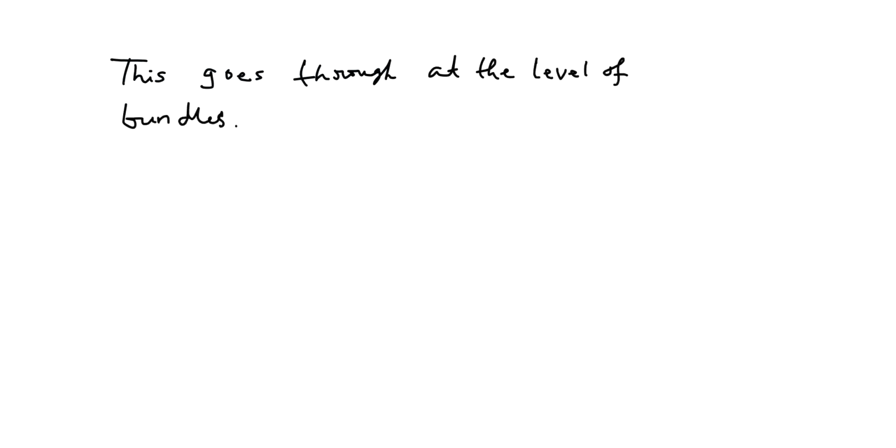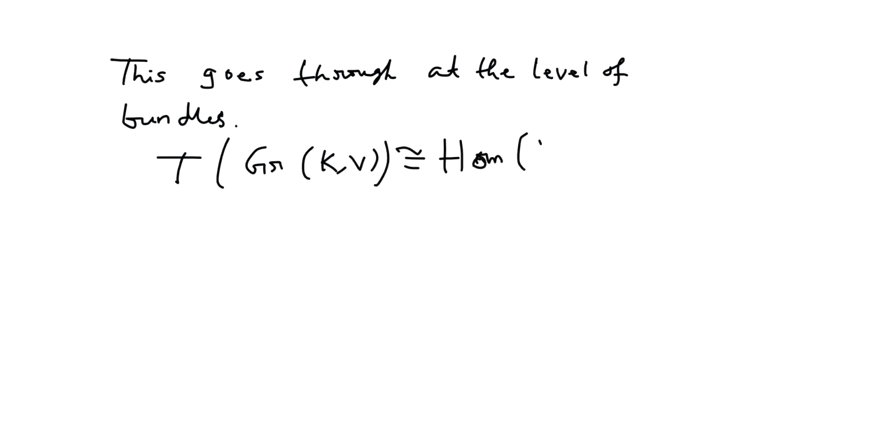So you can write that the tangent bundle of Gr_k(V) is nothing but the Hom space between two bundles, hom(W, V mod W). Initially, do not get confused with the notation, because initially I was doing it pointwise. Now I'm writing it on the bundle level.